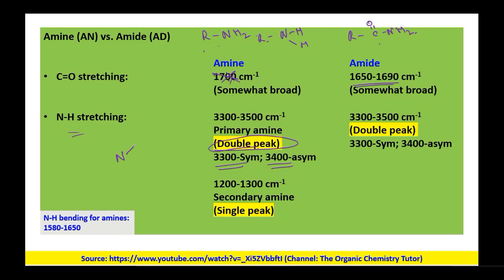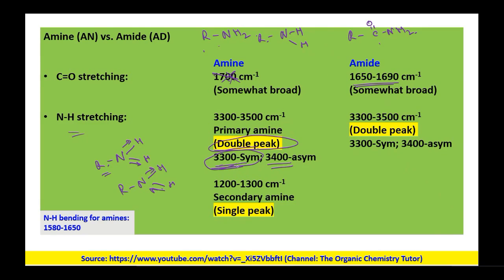It is because of RNH2, so it can move in plane together. So there can be symmetric stretching of these NH bonds, or there can be asymmetric stretching of these bonds. Usually when it is in the same direction, you get it at a lower wave number. So symmetric stretching will be at the lower wave number, whereas the asymmetric stretching will be at a higher wave number.